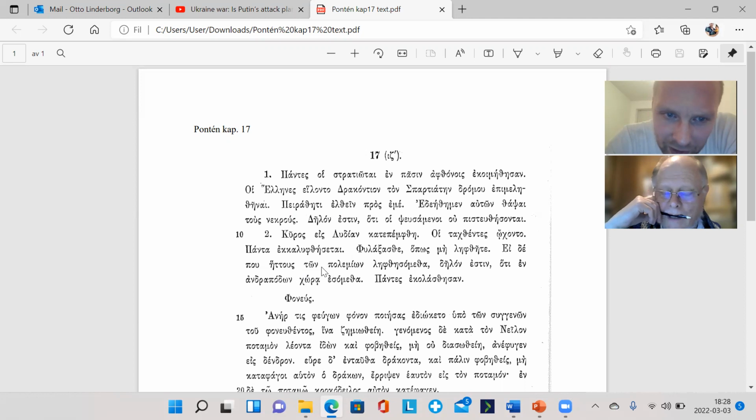So weaker than the enemies, hetton ton polemion. And pote is just like at some point or some time. Okay, so if we are weaker than the enemy at some time, we will be captured. Yeah, it could be something like this.